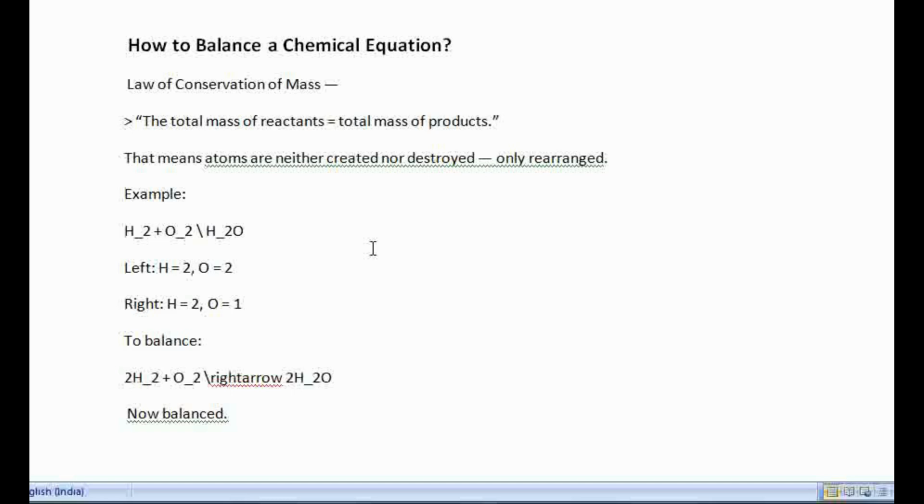But on the right side, H has 2 hydrogen atoms and O has 1. To balance this, you can write 2H2. You can only change the coefficients. You cannot change the subscript, the number below. So 2H2 plus O2 gives 2H2O. Now the equation is balanced.